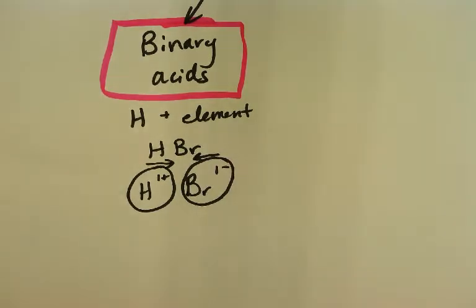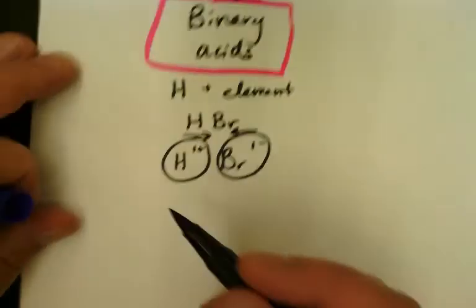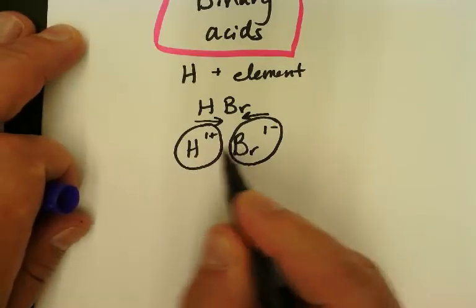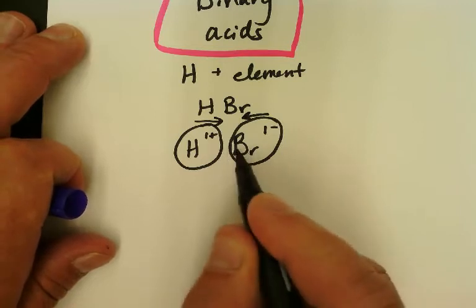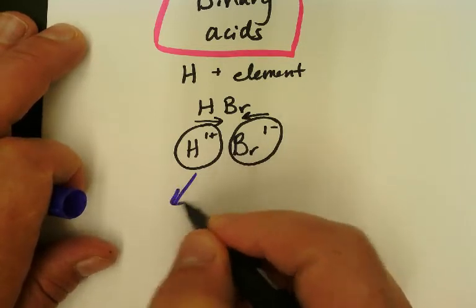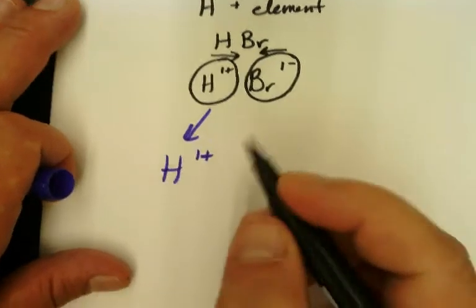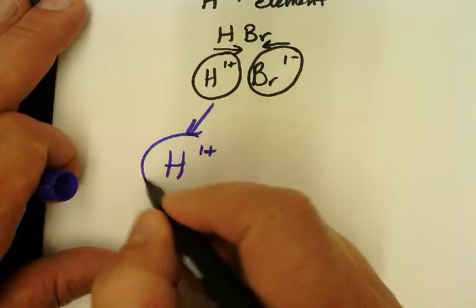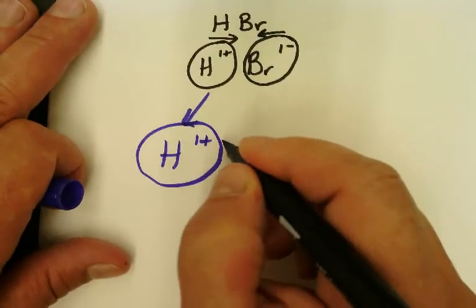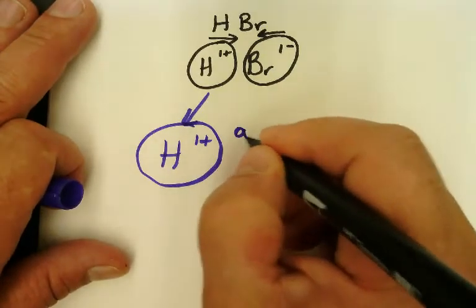This H does some really fantastic things. This H separates from this bromine when you put it in water. So we would write it like this. And this is what makes this an acid.